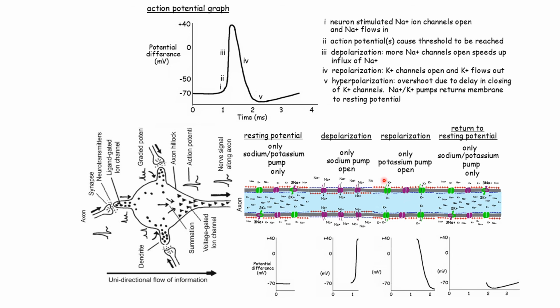So here repolarization starts due to the opening of the potassium channel, and depolarization starts in the next segment due to the opening of the sodium channel. So in the previous section it is repolarized, or the membrane goes to hyperpolarization due to the slow potassium channel, and in the next segment there is depolarization.